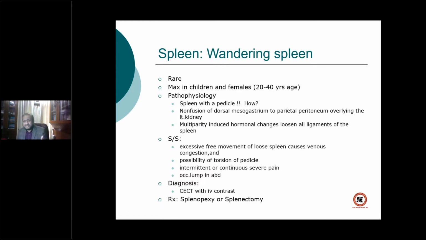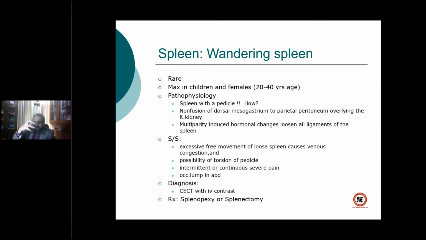You remember the first lecture on embryology, we said that the spleen is on the left side of the mesogastrium, and that mesogastrium goes posteriorly and fixes itself to the peritoneum overlying the kidney. So that forms the lienorenal ligament. Now, in a wandering spleen, that fusion is missing.